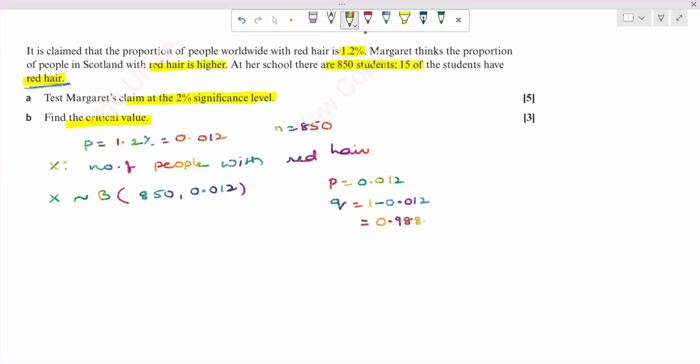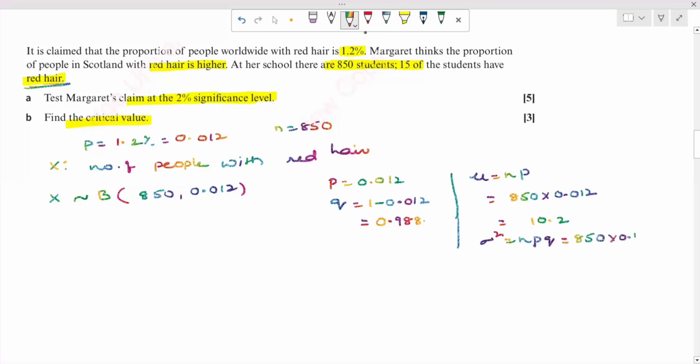Now we find out the mu. Mu is equal to np. N is 850 into p is 0.012. If you simplify, what will you get over here? 10.2. And variance is npq: 850 into 0.012 into 0.988.